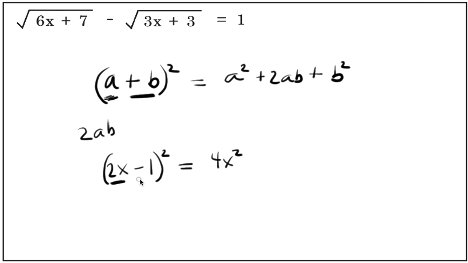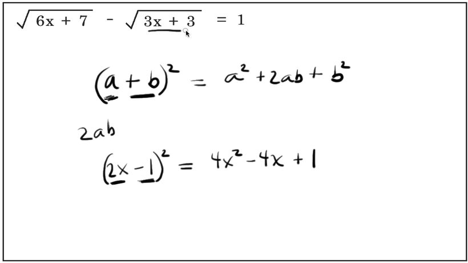Now I multiply these two terms together. Basically I'm multiplying 2x by minus 1, which gives me a minus 2x. And then I double that and I get a minus 4x. And then the third term is just this minus 1 squared, which is plus 1. So that's the shortcut method for multiplying a binomial rapidly.